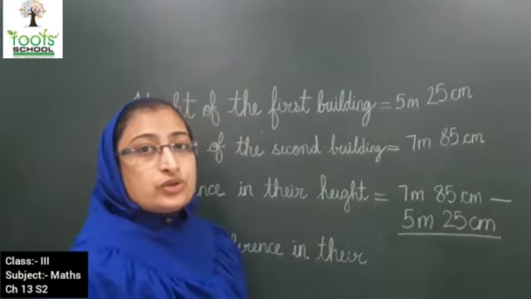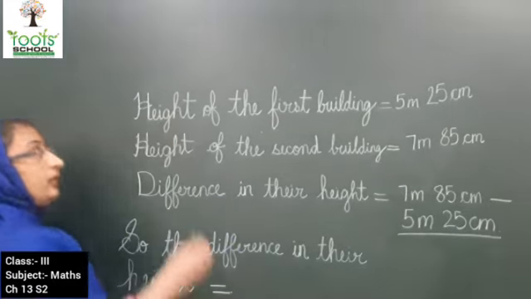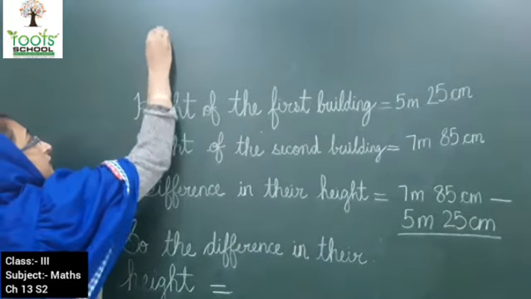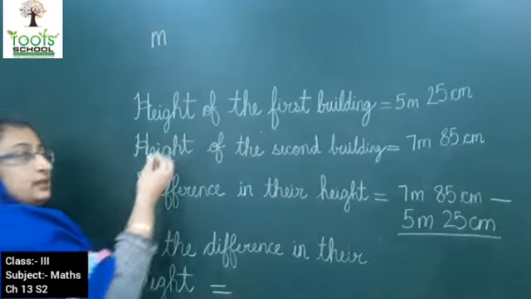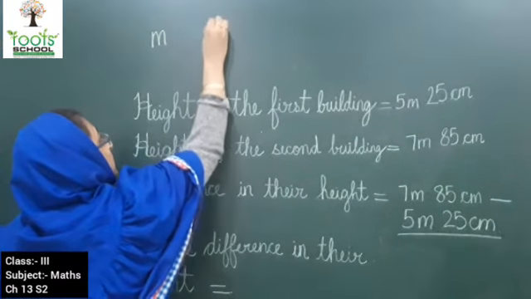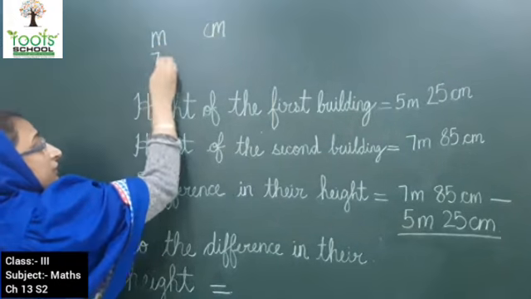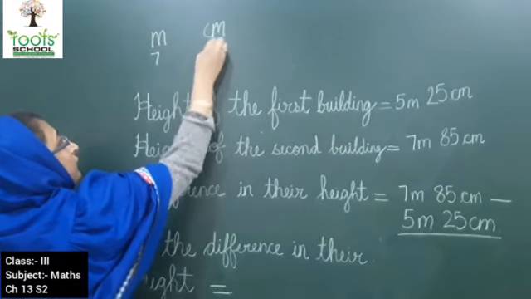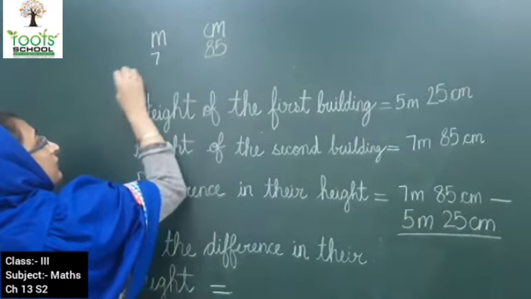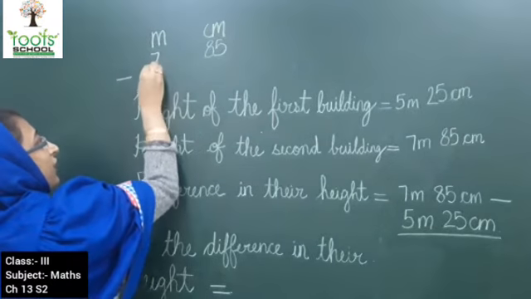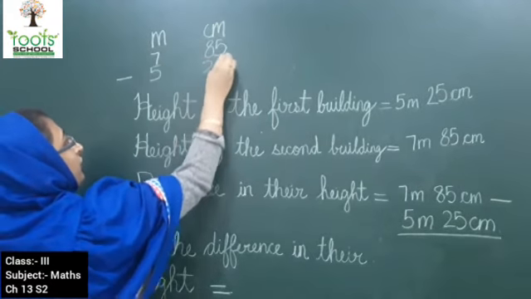So how are you going to solve it kids? Here you are going to write meter and you are going to write centimeter, then 785 minus 525.